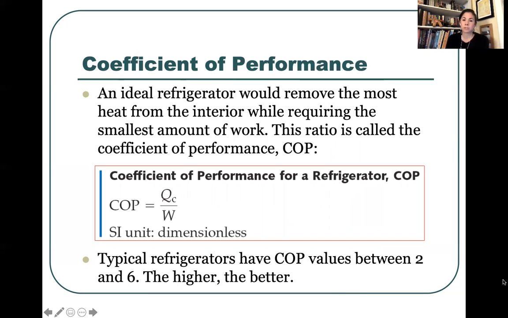So it's QC over W. And this is actually called a coefficient of performance. And so unlike the efficiency, it's actually a number that is not less than 1. And typically values for your typical refrigerators are going to be between 2 and 6. And you want, once again, to have this be as large as possible.